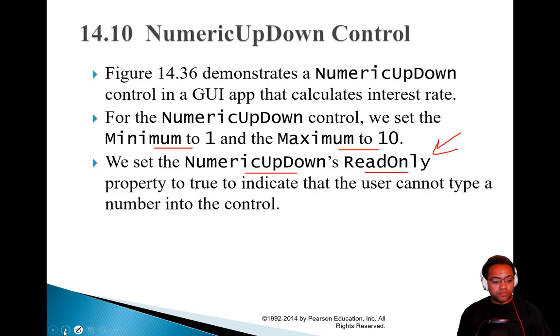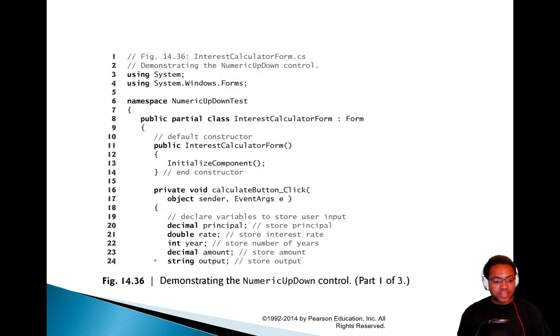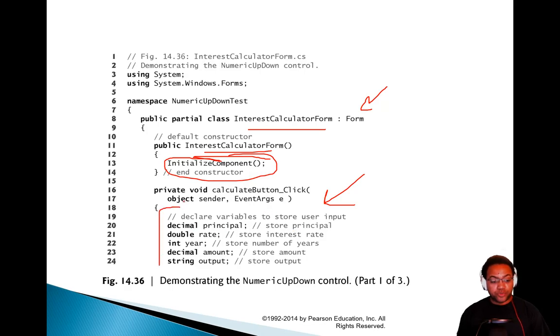Here's the actual code, so we'll go over it really quickly. You have a partial class that is powering the interest calculator form, and it's inheriting the form class. In the constructor, we initialize the actual form, and then we have a button click event handler that has a few initialized variables.